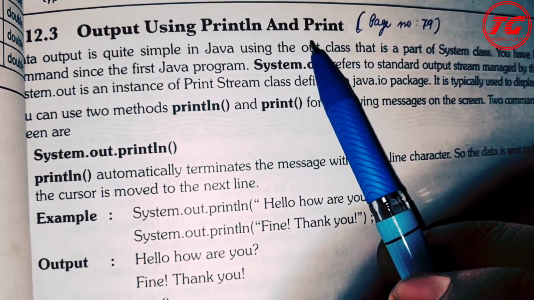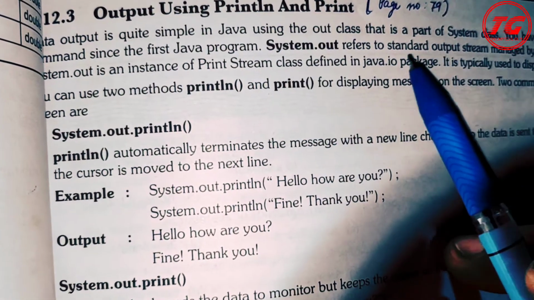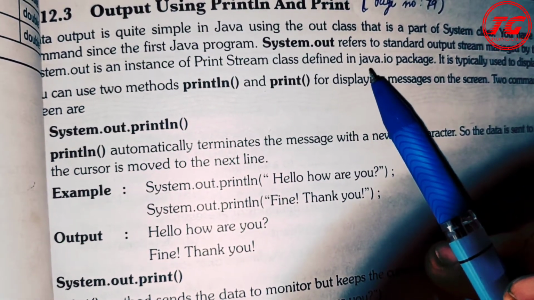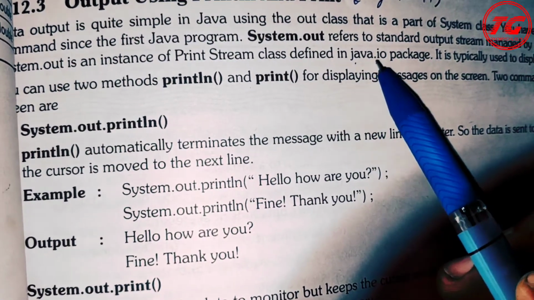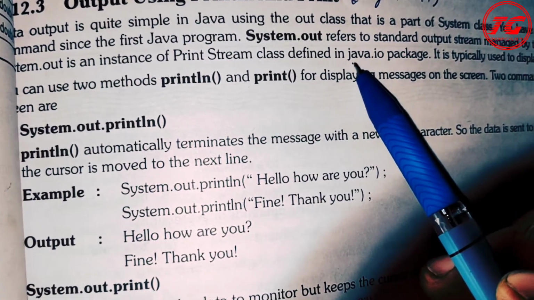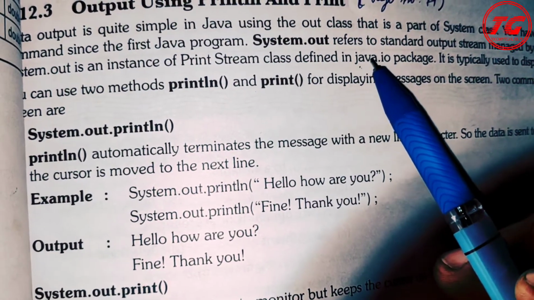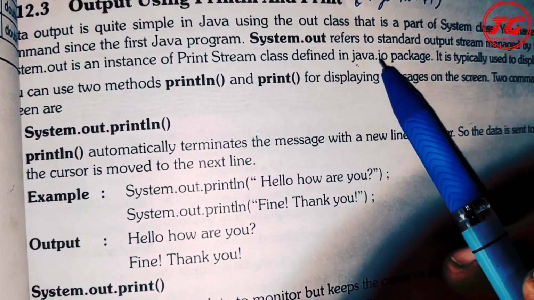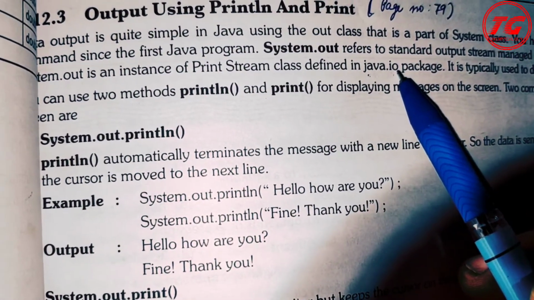Both methods are used to print something, and these two methods are defined in a package known as the java.io package. So java.io package means Java input and output package.